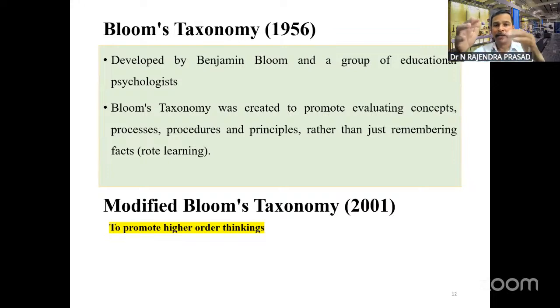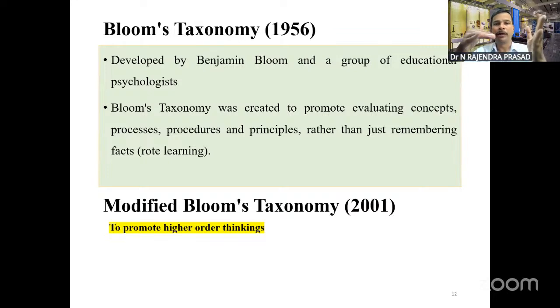And inevitably, there were some limitations found. I am not going to touch upon all those things because of the time constraint. Bloom's taxonomy was modified in the year 2001 in order to promote the learning abilities of the learners from bottom to the top levels. Students should not be at the elementary level.